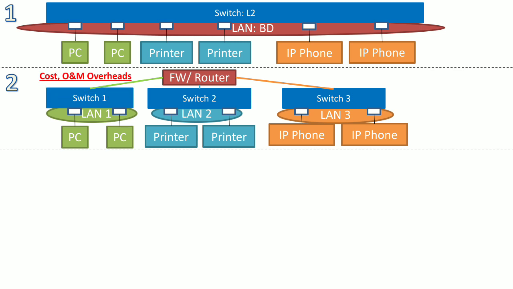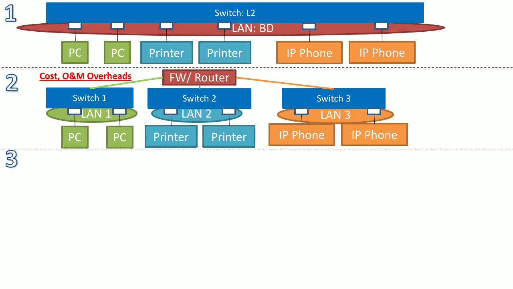Now we have achieved our goal of security and performance, but there is a physical cost associated with this solution, and the operations and maintenance overheads also increase. Therefore, we do not want to use scenario 2.